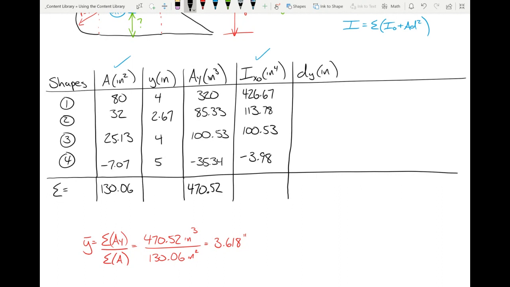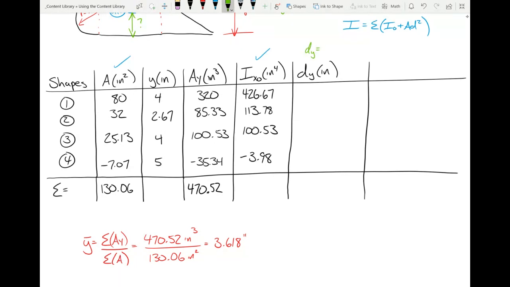Now, how do I compute these dy values? I'm going to give it a little room. This is incredibly easy. A lot of times students get way too worked up over this. This is really, really straightforward. What you're trying to figure out is the distance from the centroid of each individual shape to the centroid of the whole thing.